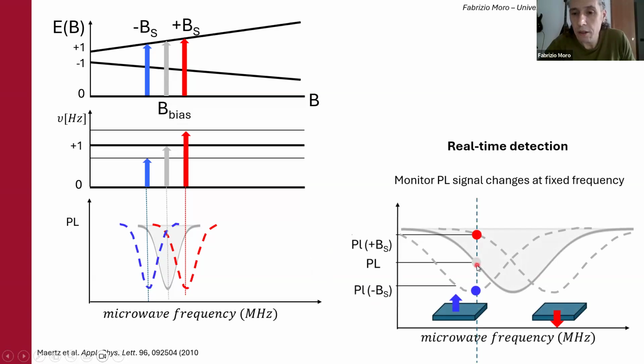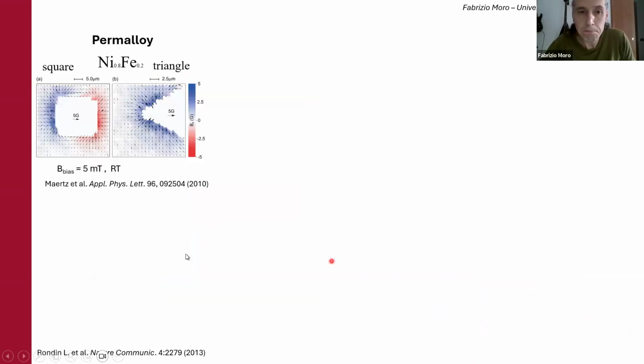Usually this microwave frequency is the one corresponding to the slope of the resonance line, where there is the maximum sensitivity. And therefore, the effect of the external field of the sample field will be to increase or decrease the photoluminescence signal, which can be correlated to the sign of the sample magnetic field.